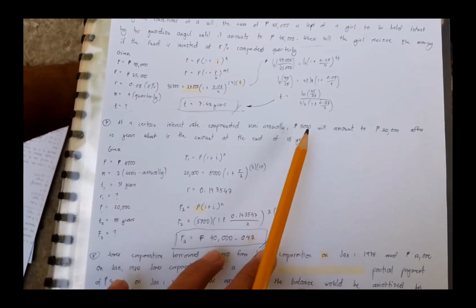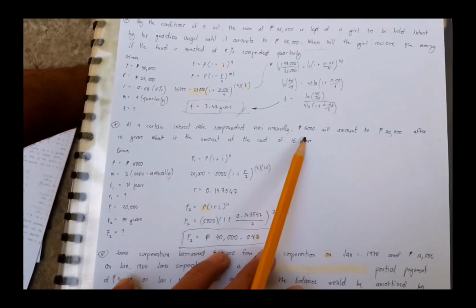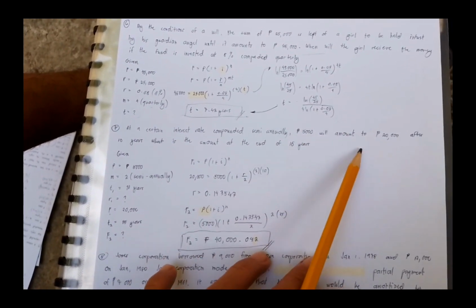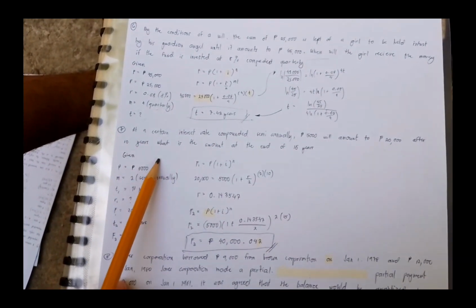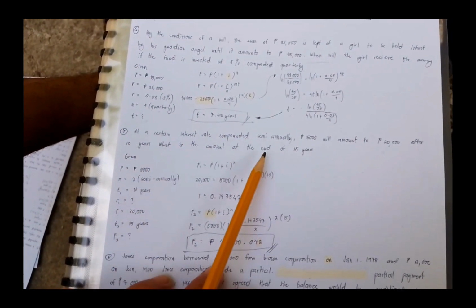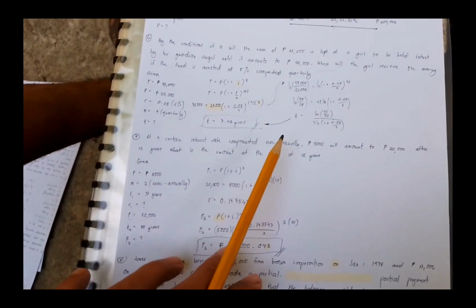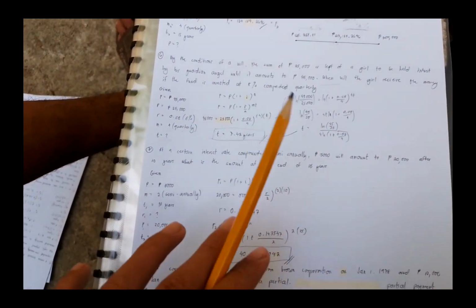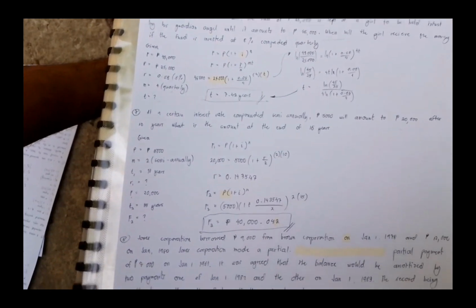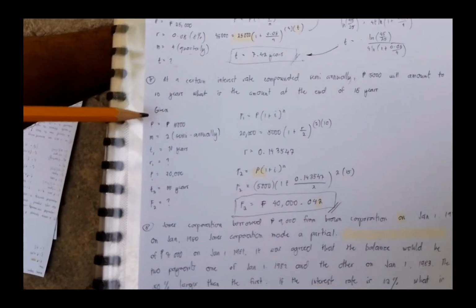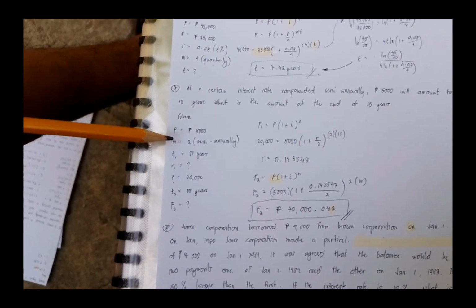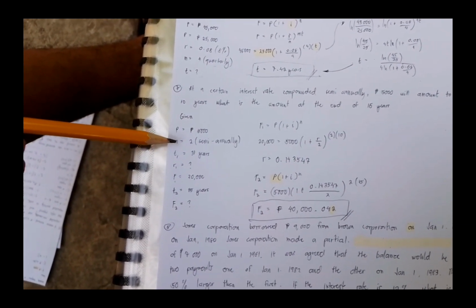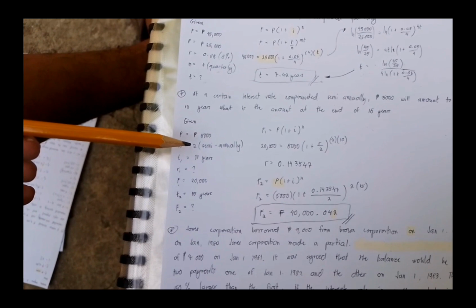So the 5,000 principal, present value, amounts to 20,000 after 10 years. The mode of compounding is semi-annually. Semi-annually means 2 times a year. So 5,000 pesos, then the mode of compounding is 2.